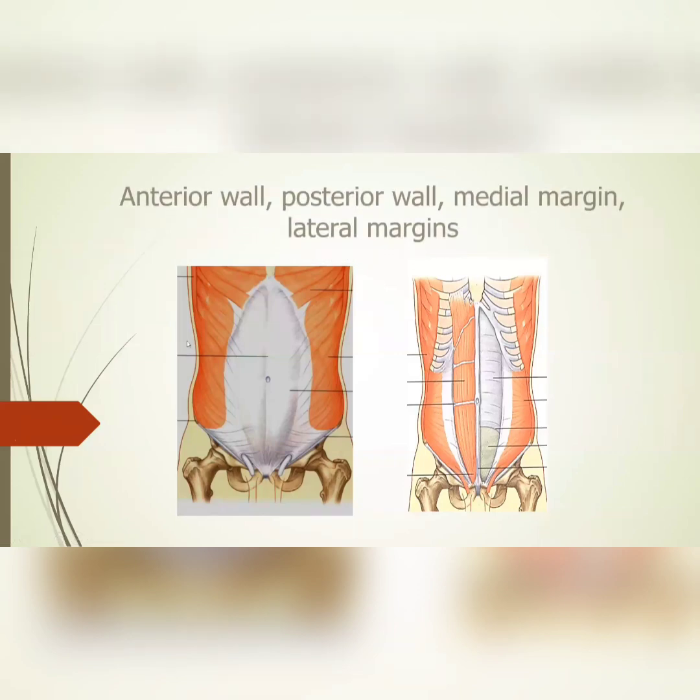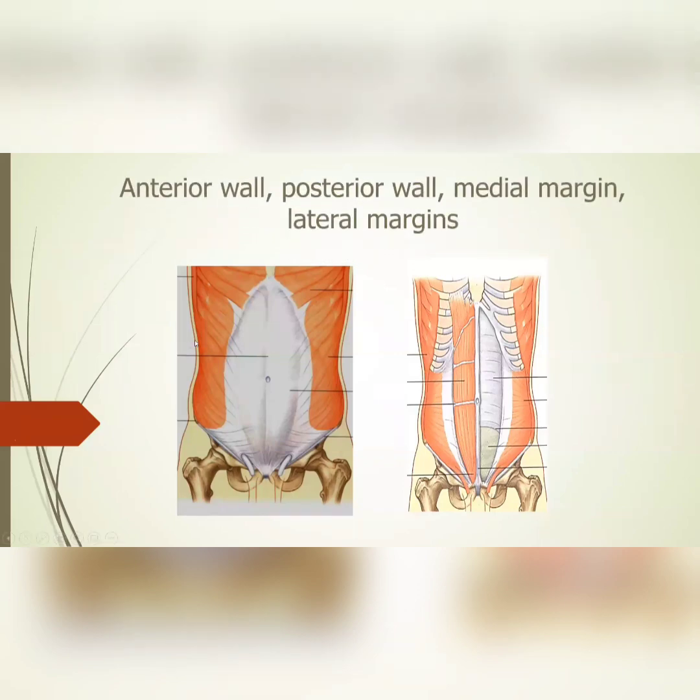The parts of the rectus sheath are the anterior wall, which is visible when you reflect the skin and the superficial fascia in the anterior abdominal wall. Deeper, there is the posterior wall. We're talking about one side. This is the rectus sheath on the right side.